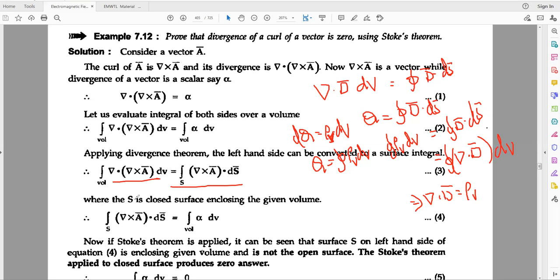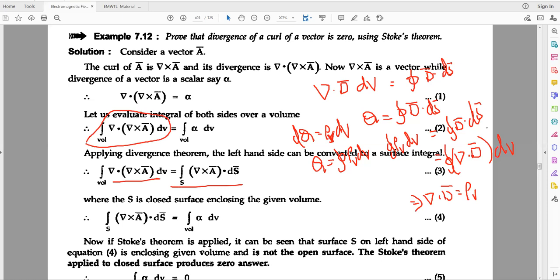Where S is the closed surface enclosing the volume, this function is totally converted: the surface integral of del cross A bar dot ds bar is equal to the volume integral of alpha dv. Now if the Stokes theorem is applied, it can be seen that the surface on the left hand side of equation 4 is enclosing the volume and is not an open surface.